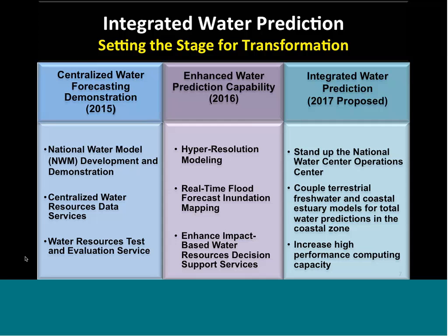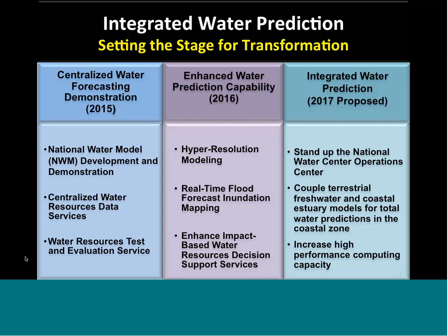And in 17, that transformational change included not only the establishment of the National Water Center Operations Center, creating a true center reach-back capability for supporting the river forecast centers and weather forecast offices in a way that the hydrology program has never been able to do in the past.